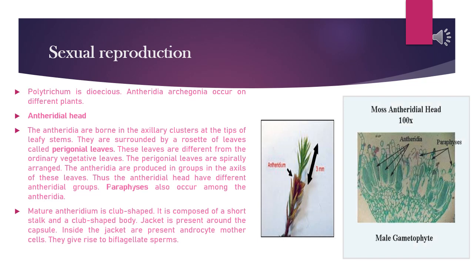We know that there are other bryophytic plants like Anthoceros and Marchantia, where we see the condition of dioecious and monoecious. Monoecious is nothing but the presence of male and female reproductive structures within the same plant. But in Polytrichum we will find only dioecious plants. It means that different plants contain different reproductive structures.